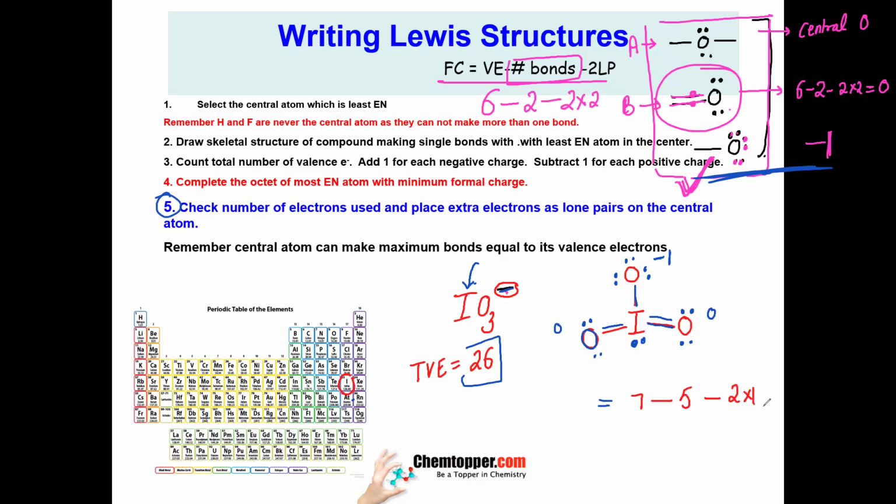Only 2. 7 minus 7, 0, right? Iodine is 0. Is it okay? This lone pair is on the iodine. Don't count the lone pairs of the oxygen. On the iodine, formal charges on the atom.